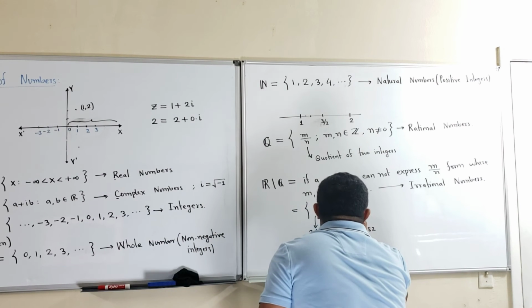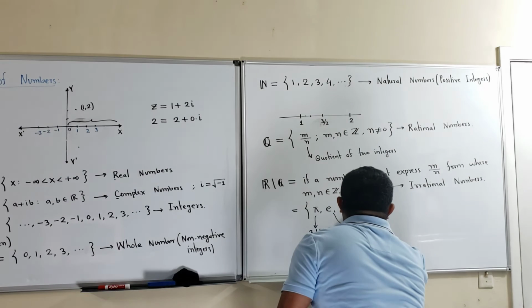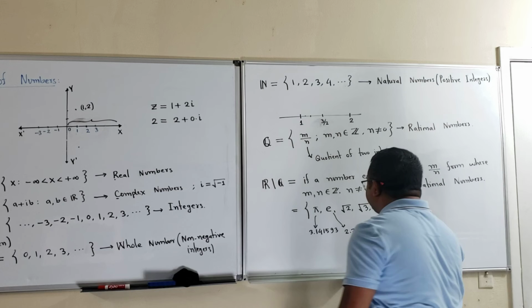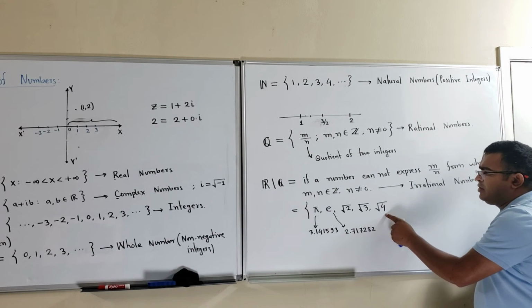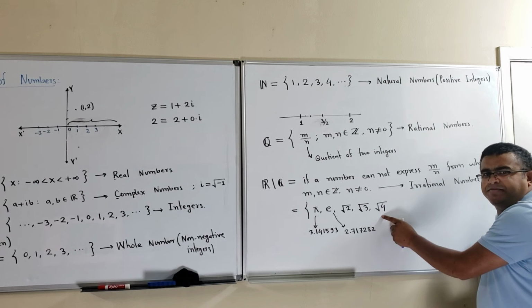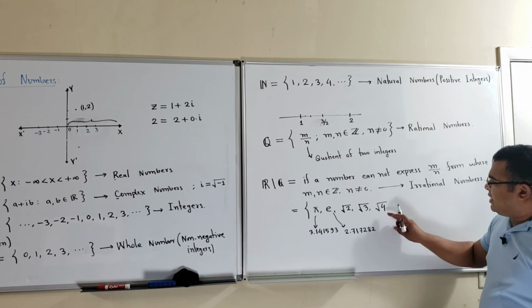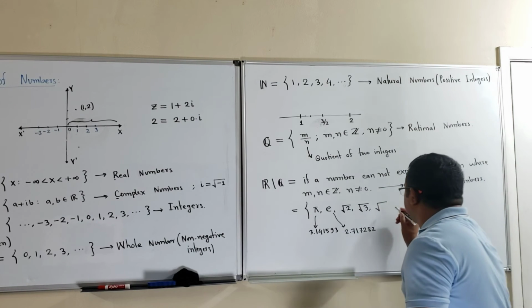Also, square root of 2 is irrational, square root of 3 is irrational, square root of 4 is not irrational. Why? Because if we take square root of 4, then we will get an integer. So 4 is a perfect square number and its square root is not an irrational number.